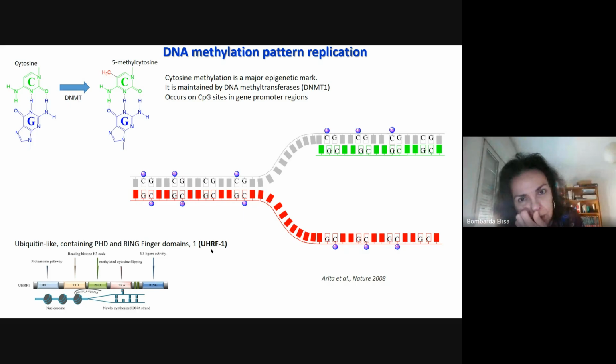Okay, so then there is the annealing, and the little blue marks are methylation.